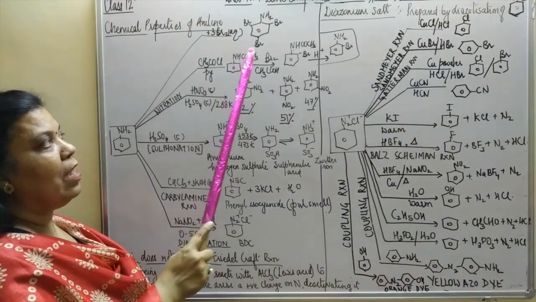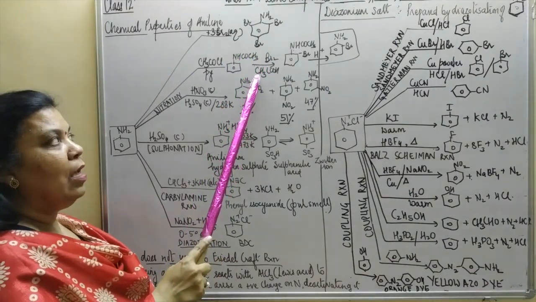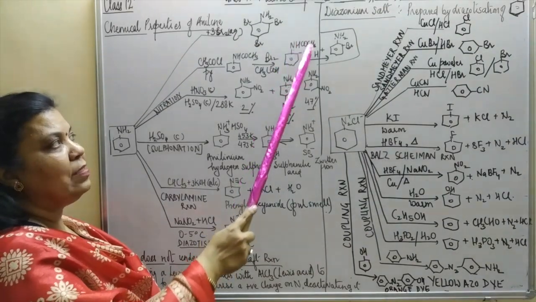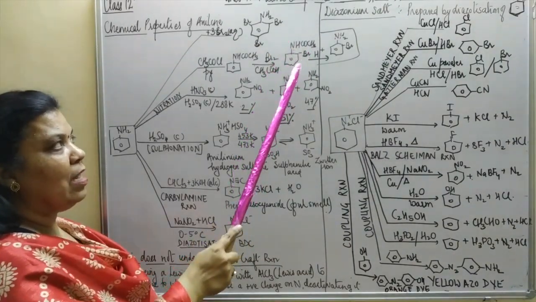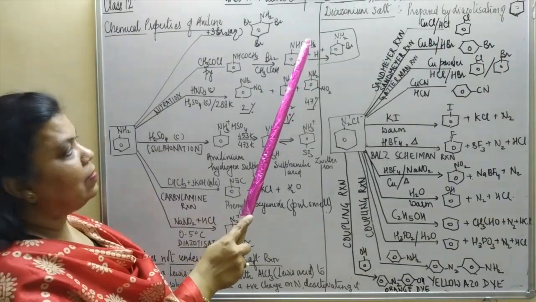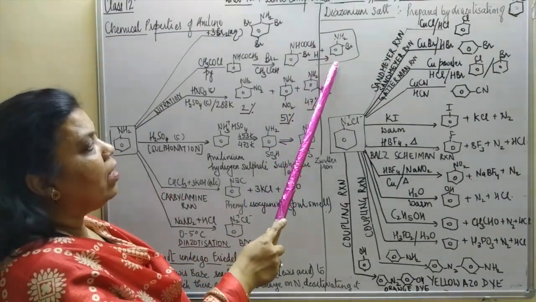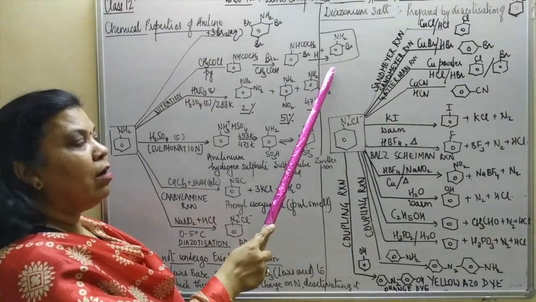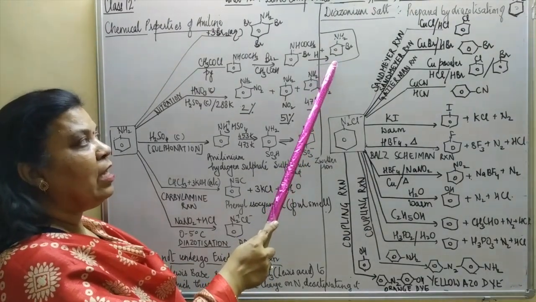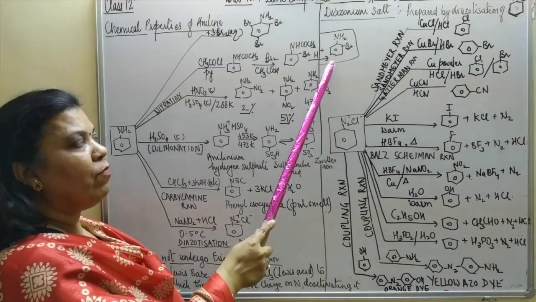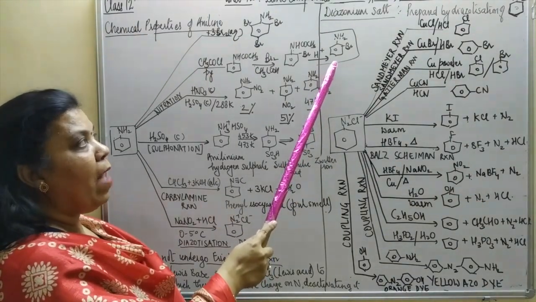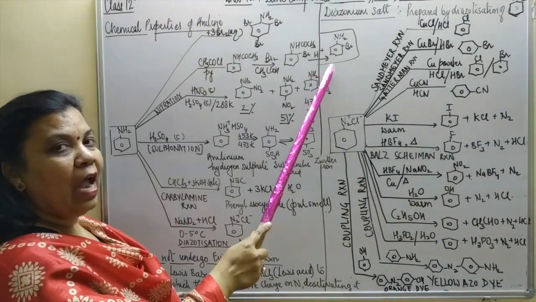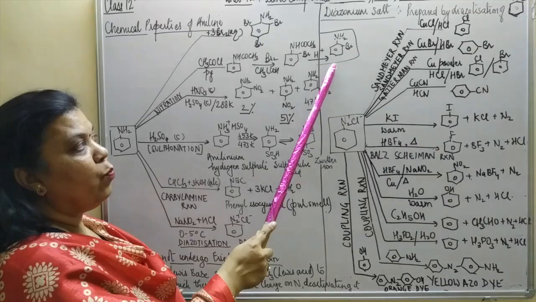Further, this acetanilide on reaction with bromine in the presence of acetic acid will form 2-bromoacetanilide. 2-bromoacetanilide then subjected to hydrolysis in acidic or basic medium will convert into 2-bromoaniline. We will get here ortho and para bromo products. So here I have shown only ortho, but in addition to that we will also get para bromoaniline.